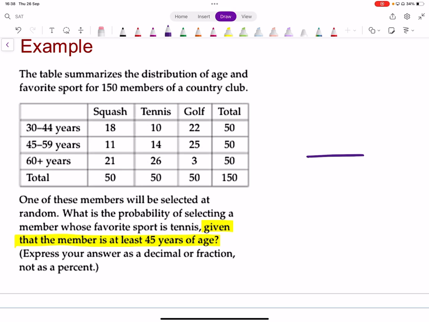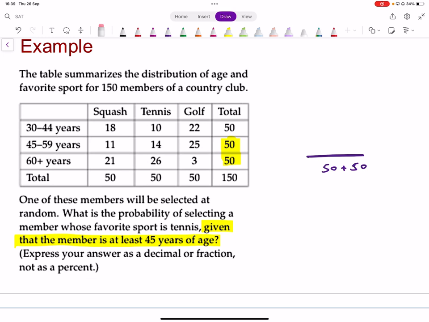What's the denominator now? At least 45 years of age. That's either this or this. So what's the total number of people out of which we are selecting? 100. 50 plus 50. We are selecting out of these 100 people. Is that okay? Now, what is it that we're looking for?